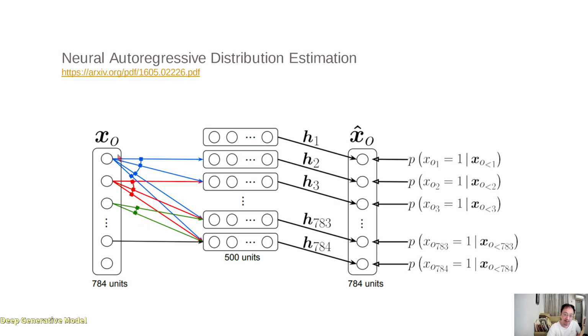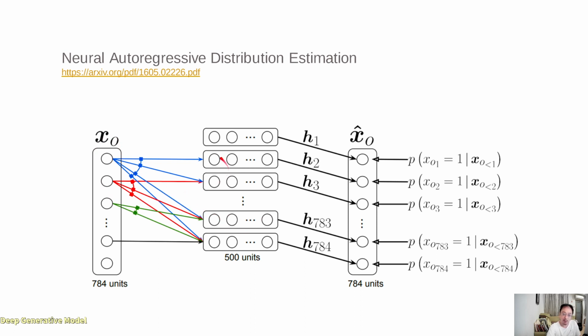Basically it enumerates or sorts the pixels one by one, maybe from top to bottom, left to right, and considers all pixels as a sequence. We use the previous pixel values to predict the next one.